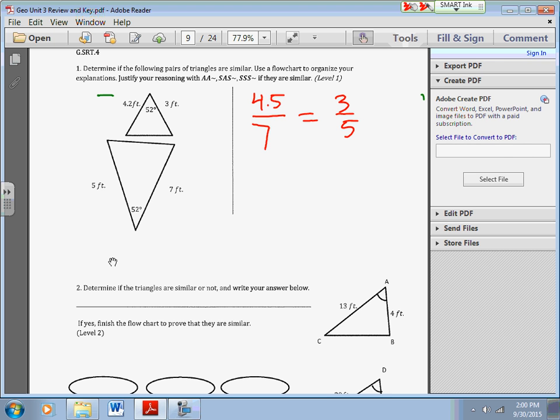And you could have also done this: 4.2 over 3, because those two sides are on the same figure. Then on the other side, you would say 7 over 5. However you check it, if those triangles are similar, then those decimals have to be the same.